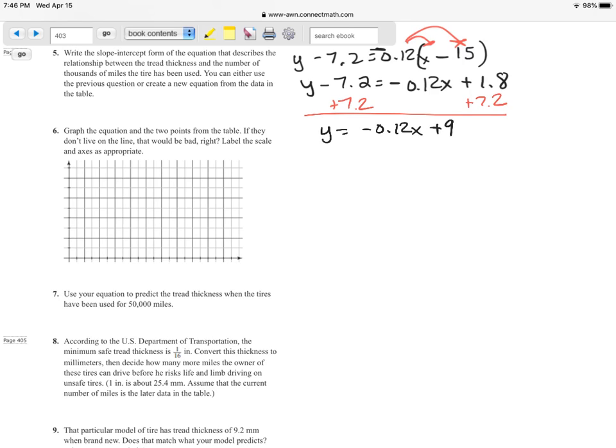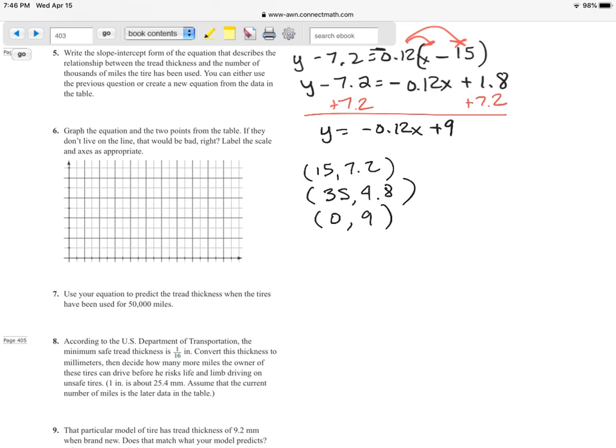All right, they would like for us to graph this particular linear equation. So our tread thickness, if we look at our ordered pairs from the previous page, I've got 15 and 7 and 2 tenths, 35 and 4 and 8 tenths. And then it looks like here I've got the y-intercept of 0, 9.